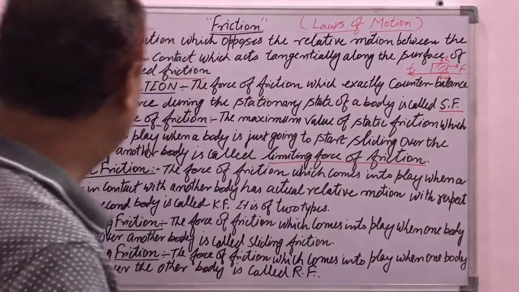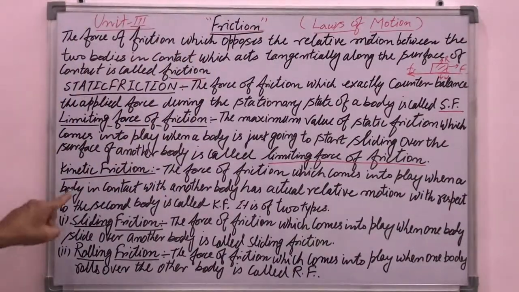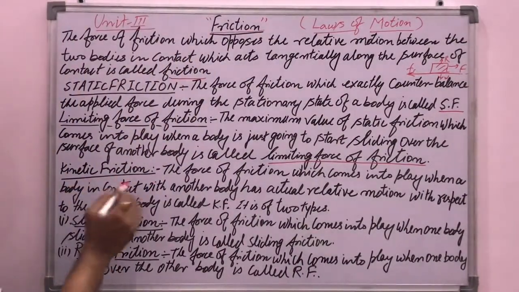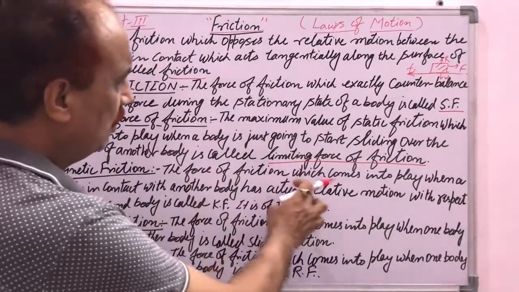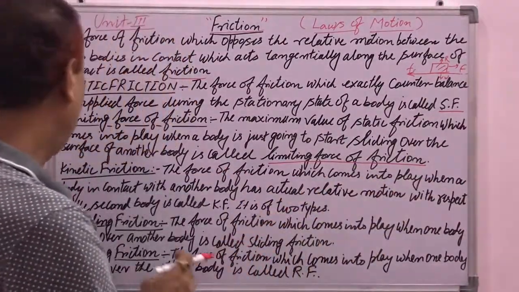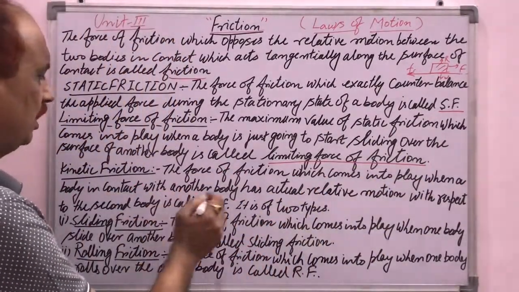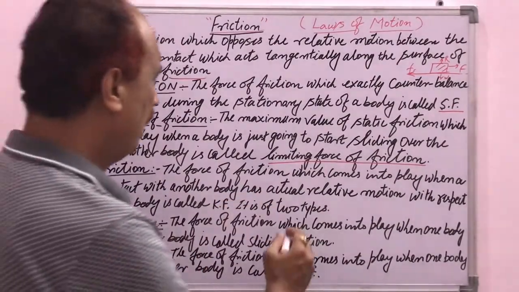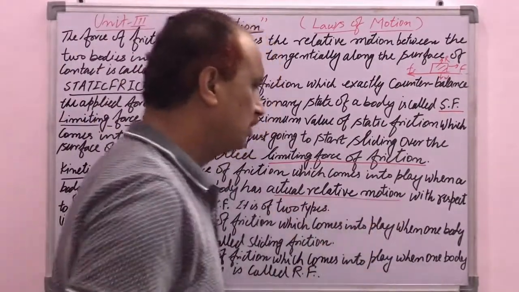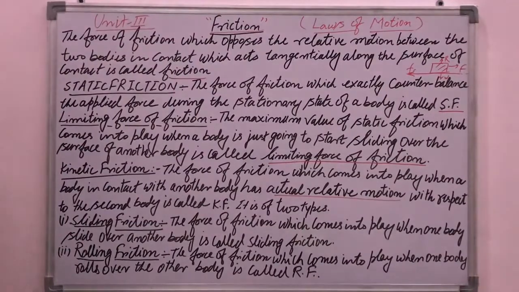Now the next definition is, what is kinetic friction? Kinetic friction means the force of friction which comes into play when a body in contact with another body has actual relative motion with respect to the second body.